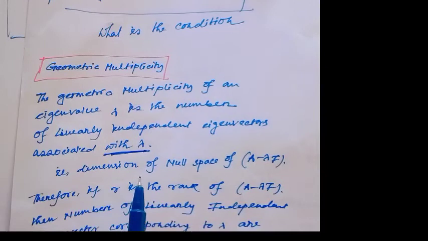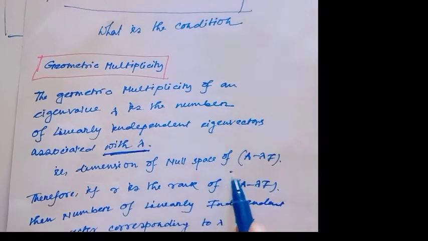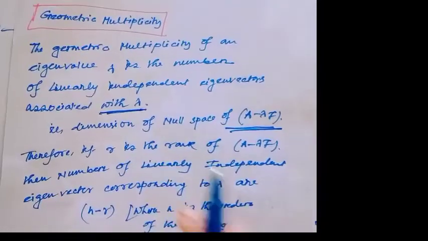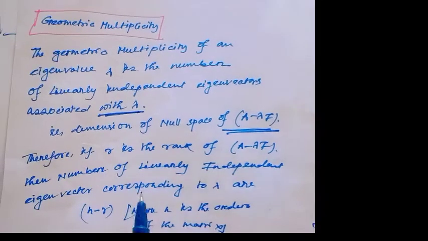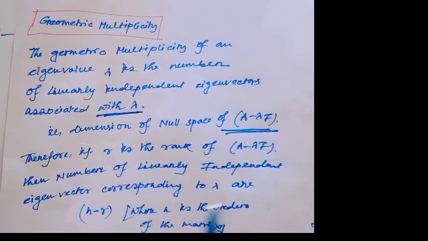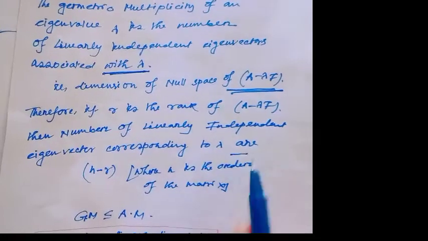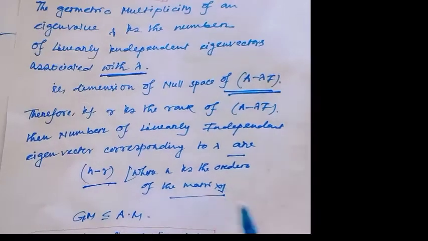That means this is actually the dimension of the null space of A minus lambda I. Therefore, if R is the rank of A minus lambda I, then the number of linearly independent eigenvectors corresponding to lambda is n minus R, where n is the order of the matrix.